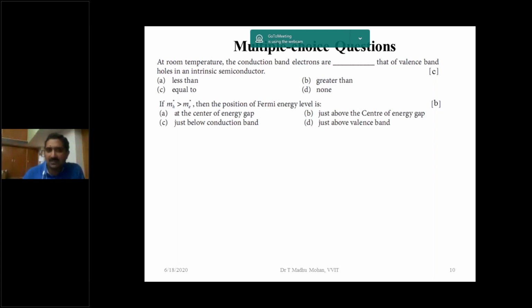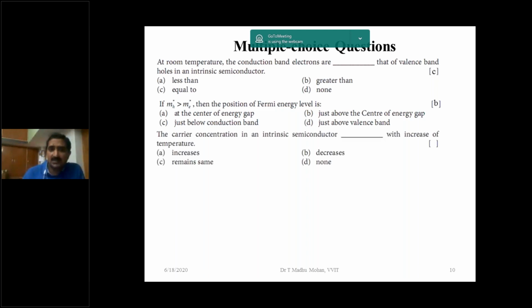That means if Mh star is greater than Me star, the Fermi level goes upward. If Mh star is less than Me star, it goes downward. The carrier concentration in an intrinsic semiconductor increases with increase of temperature.